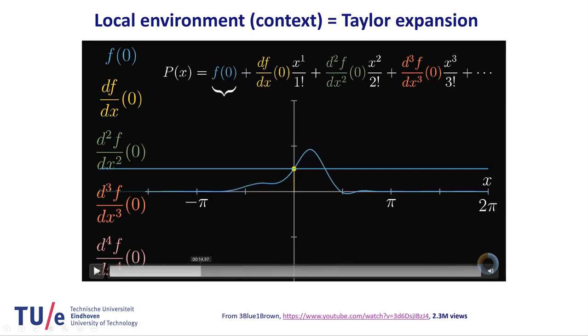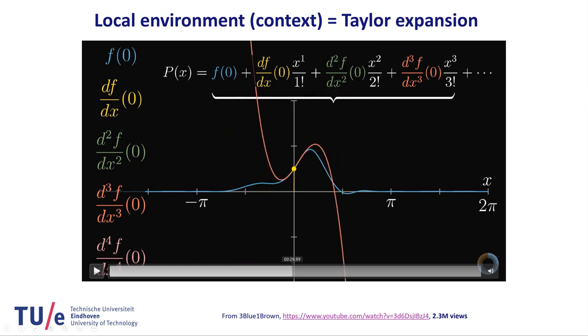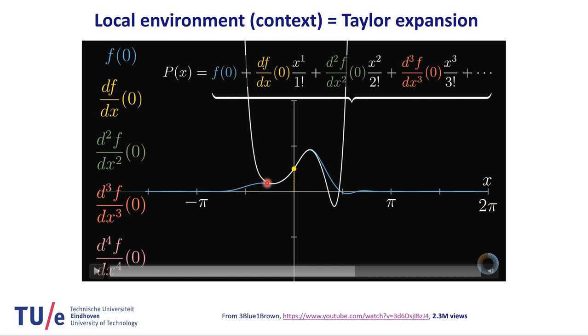If you have, for example, a function, and this is the function right here in the middle, you call it f of 0 because it's in 0, and you want to describe how the function looks a little bit further away, you take the first derivative, you add the second derivative, you add the third derivative, you add the fourth derivative, and the more derivatives you add, the more you can nicely describe the surroundings around this point. Well, this is the very famous Taylor expansion. So what we need is the derivatives at this point.